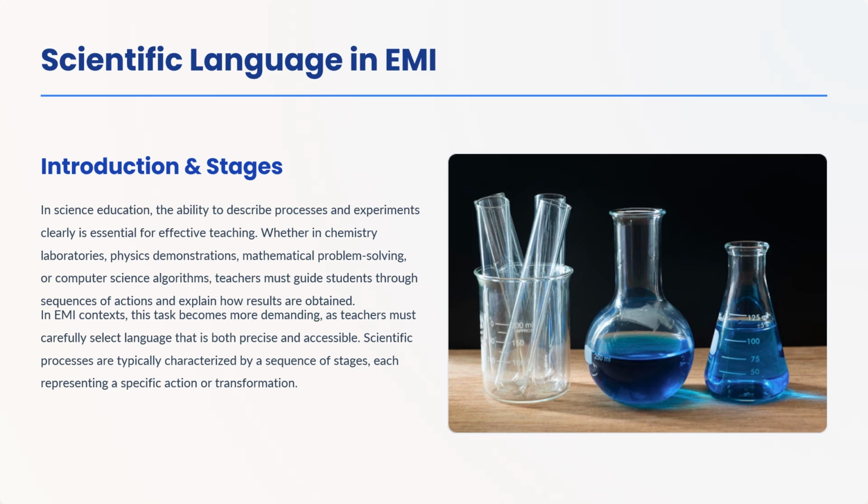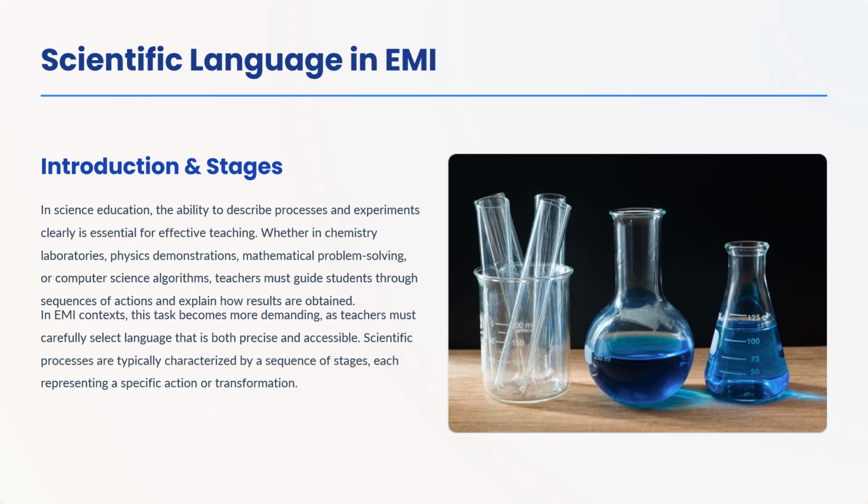In science education, the ability to describe processes and experiments clearly is essential for effective teaching, whether in chemistry laboratories, physics demonstrations, mathematical problem solving, or computer science algorithms. Teachers must guide students through sequences of actions and explain how results are obtained.